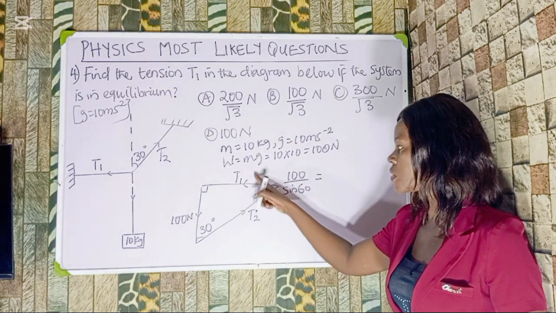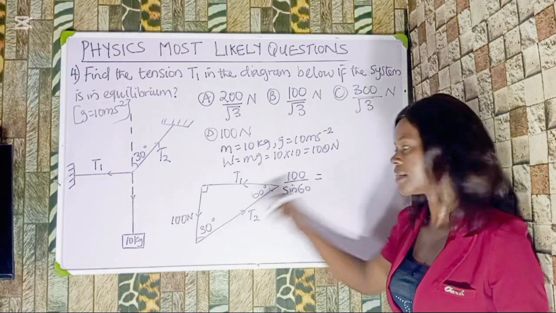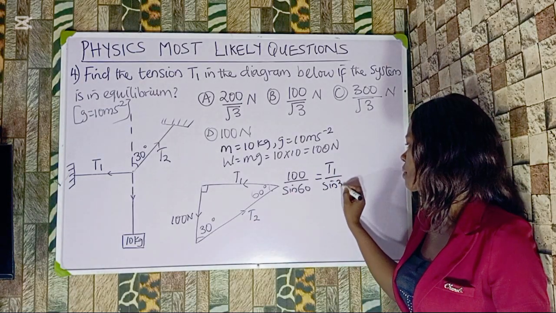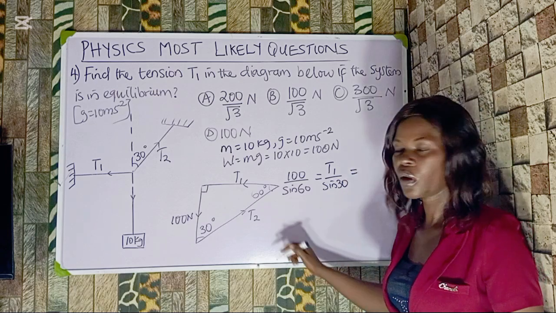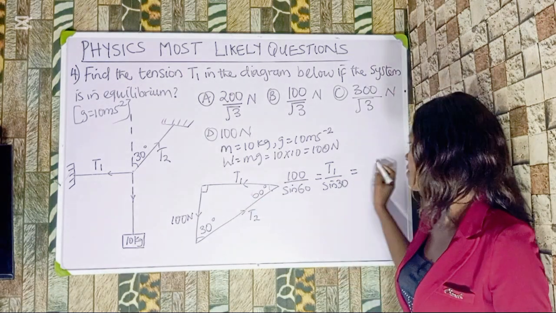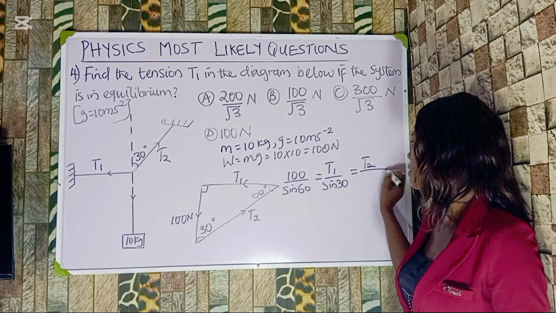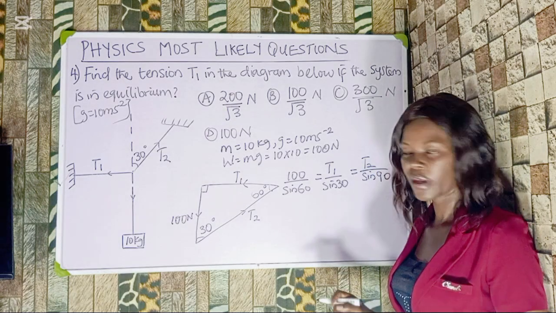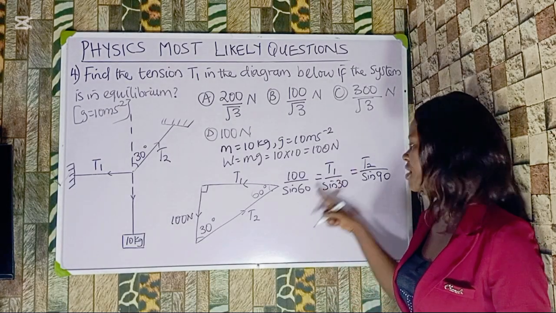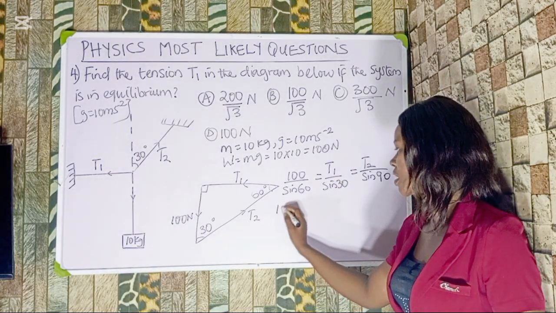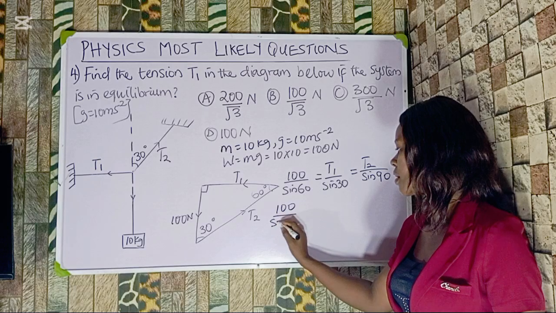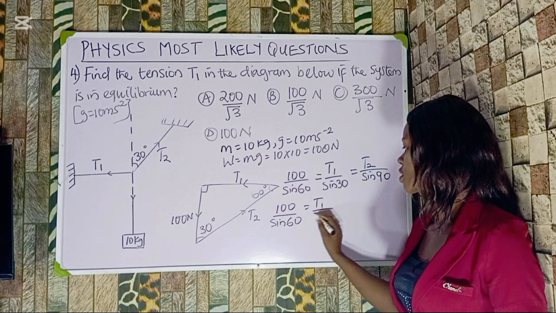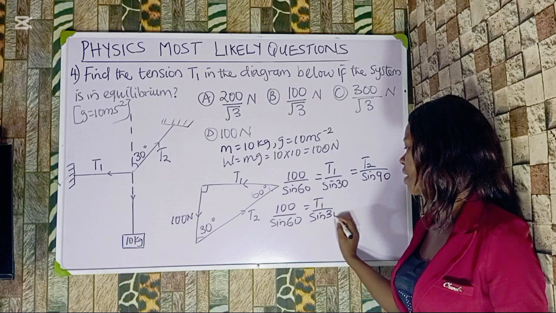It is equal to T1 over sine 30, then equal to T2 over sine 90. Because you're looking for T1, let's equate these two together. So we say 100 over sine 60 is equal to T1 over sine 30.